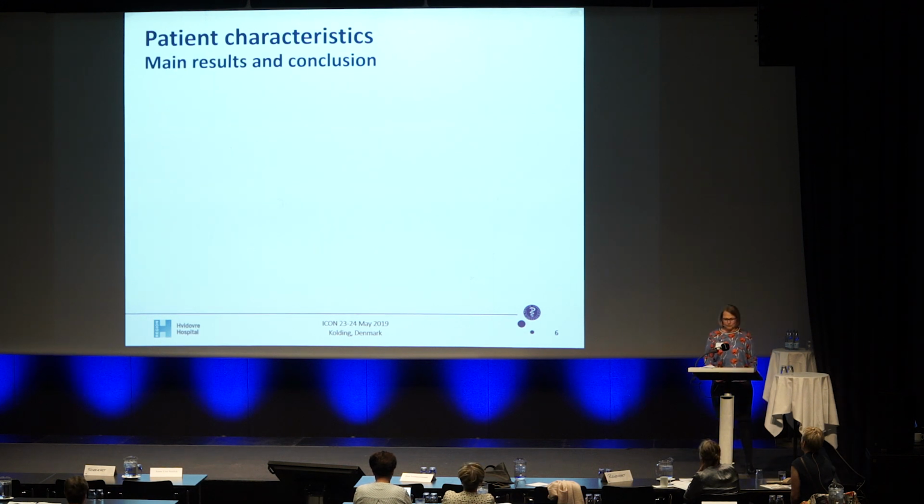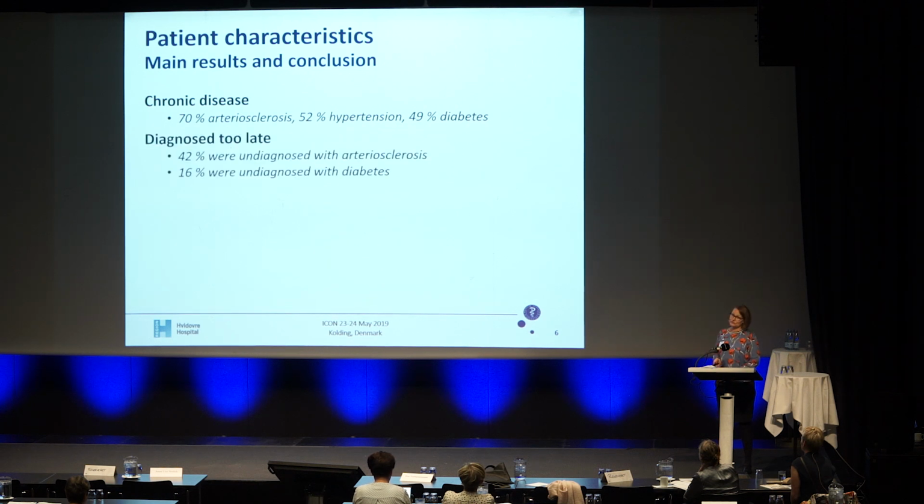So if we conclude on this registry study, we could say that the main results are that these patients, as you have heard, suffer from chronic diseases. We also found in this study that they're diagnosed too late.